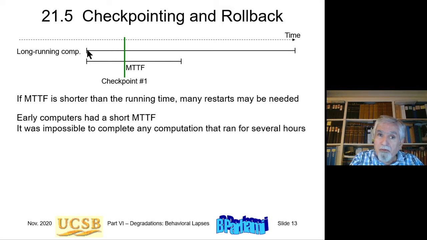So you basically avoid repeating this part of the computation before the checkpoint. Therefore, you save time. However, a checkpoint itself has some overhead. Okay, so you pay that overhead of checkpointing. Hopefully that overhead will be less than the gain.